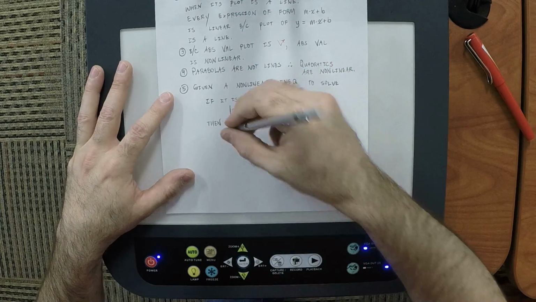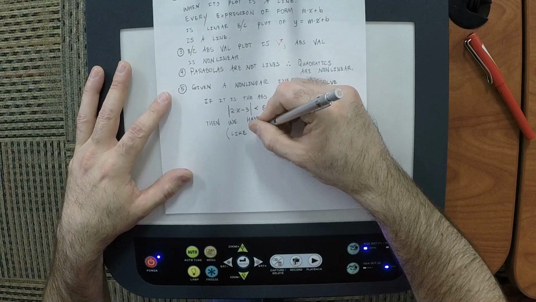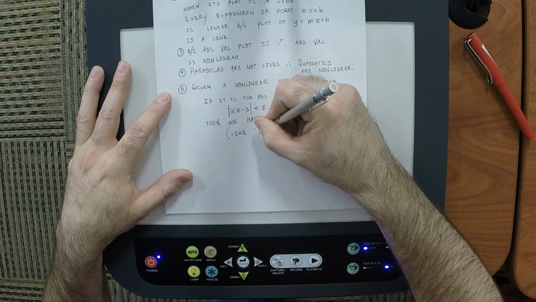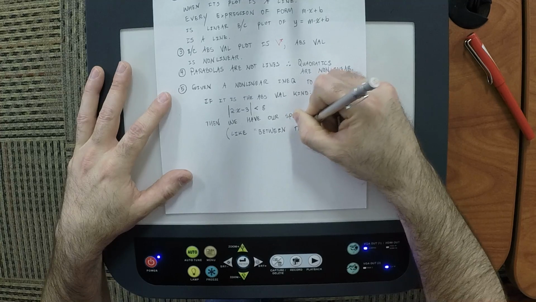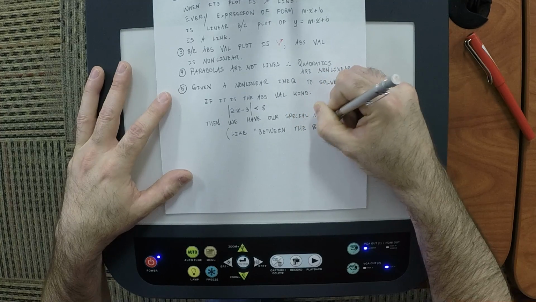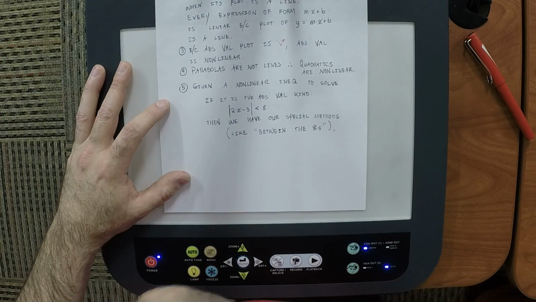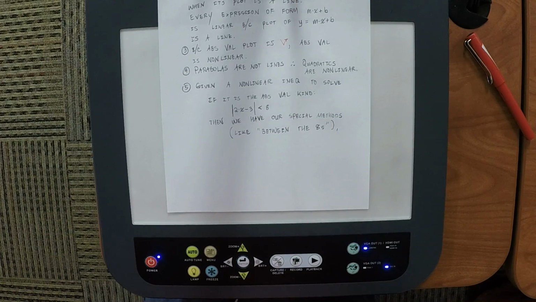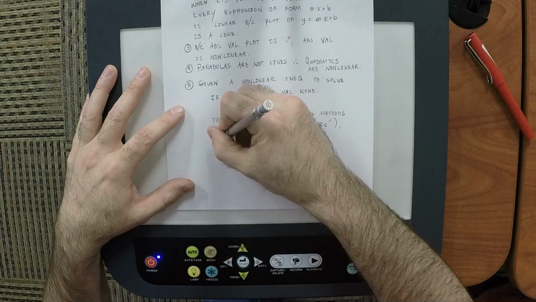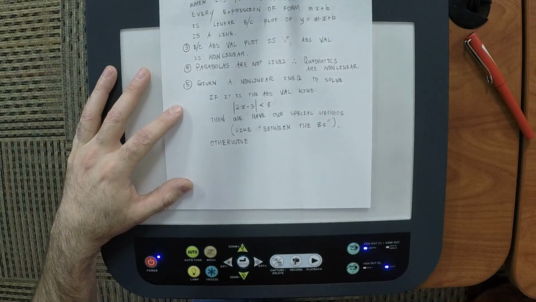That's where we said things like, for example, this one we would say between the eighths. So given a nonlinear inequality, if it's the absolute value kind, then we have special techniques to go about solving that. Otherwise, you must use a sign chart.